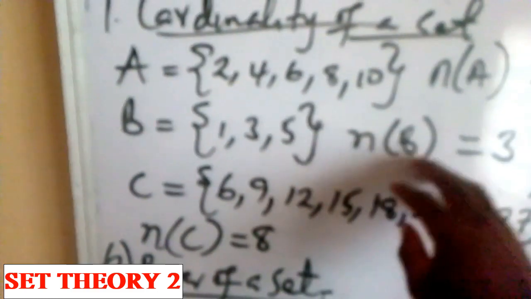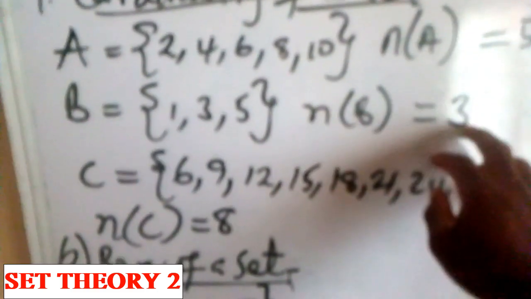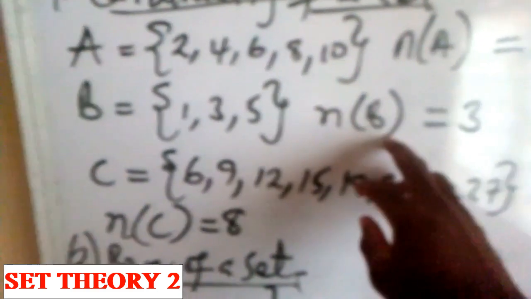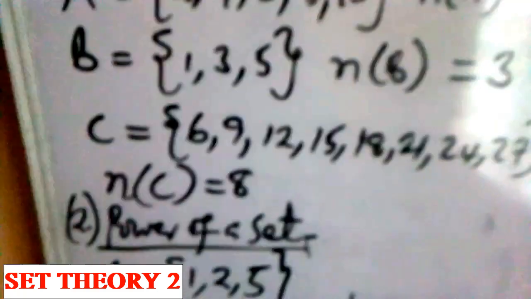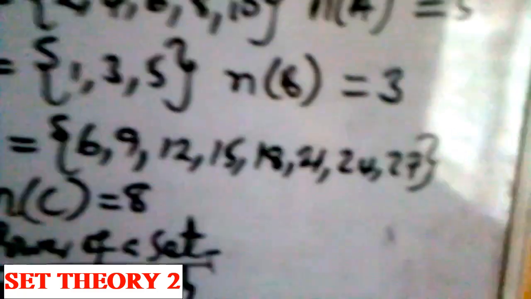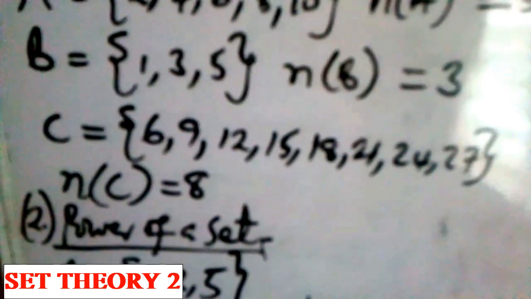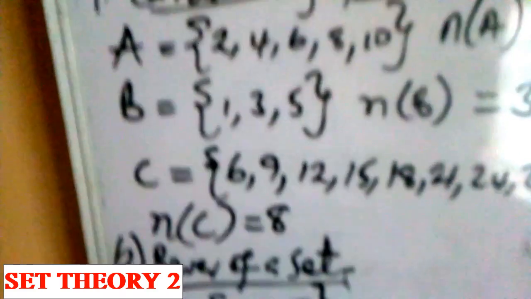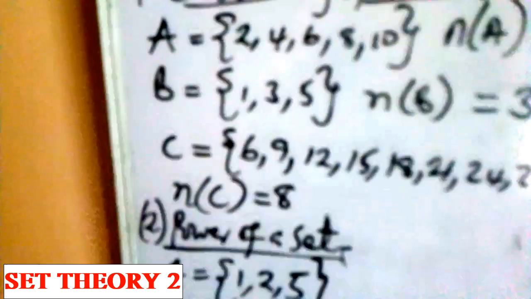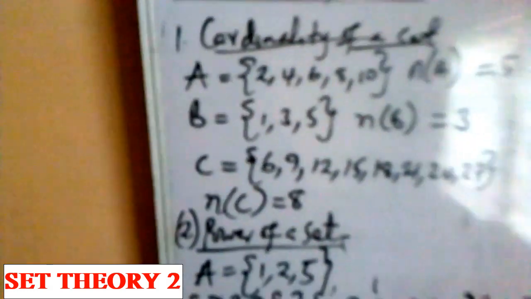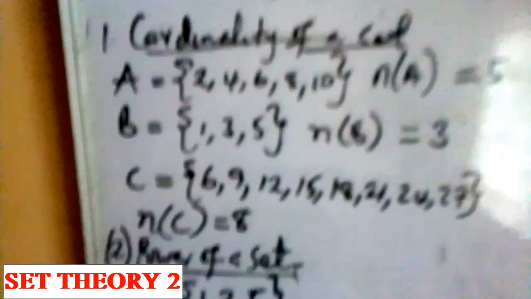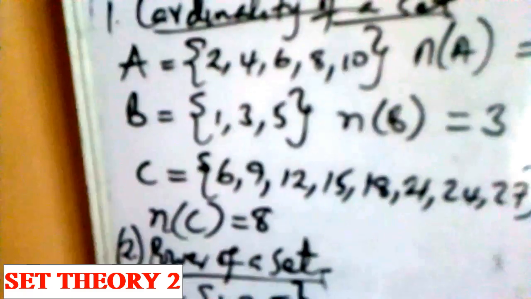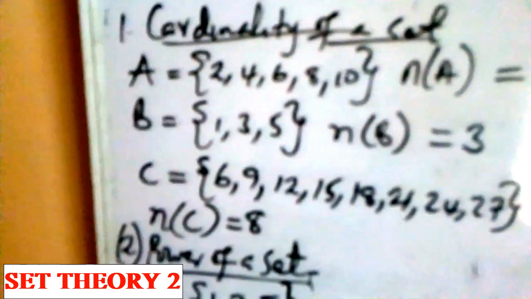So the number of elements of B is equal to 3, so the cardinality of B is 3. And also C has 8 members, so the cardinality of C is equal to 8. So the cardinality of a set is the number of members or elements comprising the set. That's the cardinality of the set.